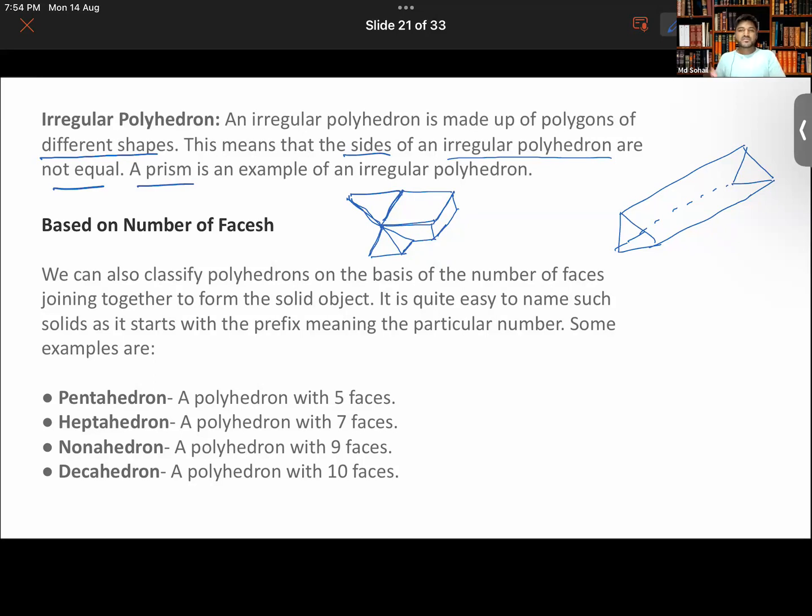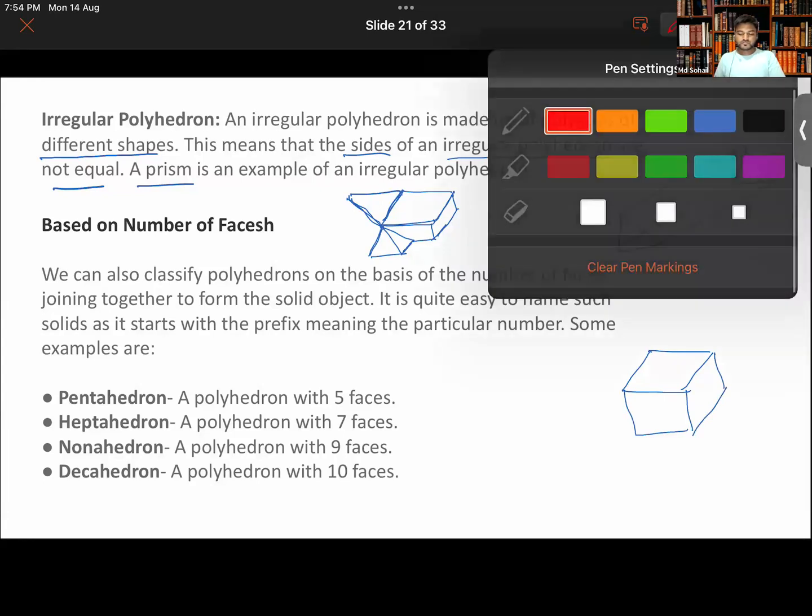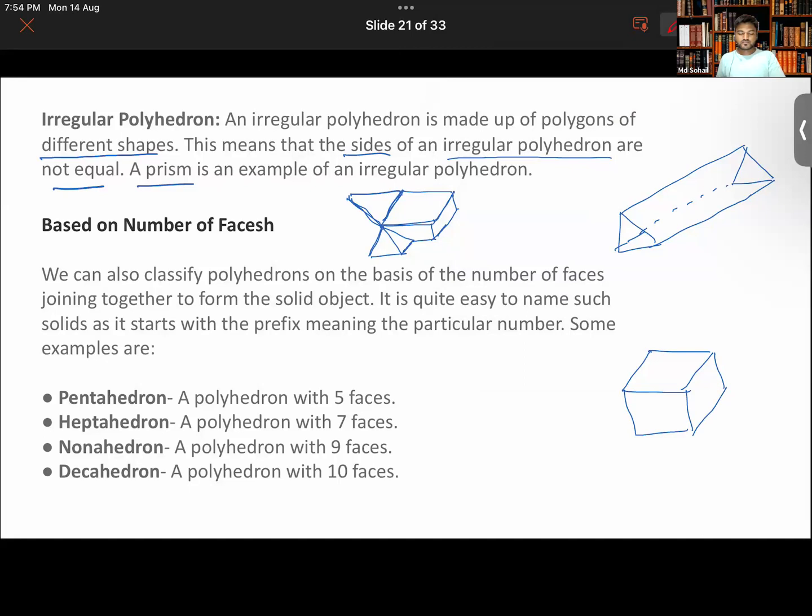We call it a convex polyhedron when we draw a line from one vertex to another vertex and the line stays inside the figure. Exactly. For example, in this cube, you draw a line between two vertices and they meet inside the figure, right?